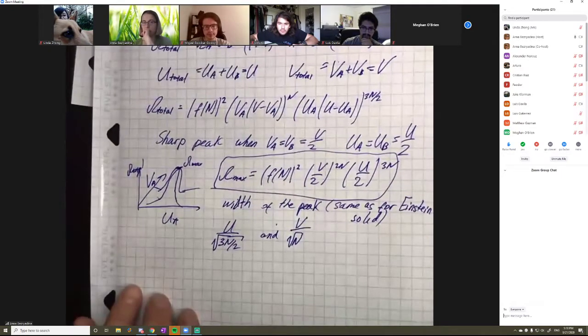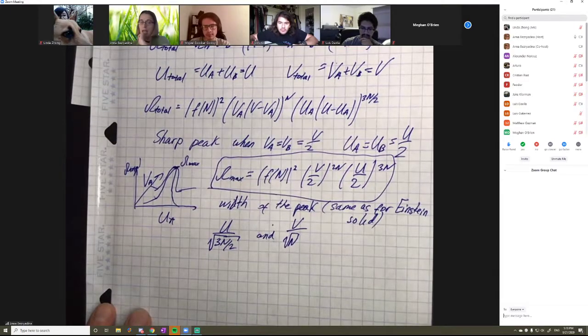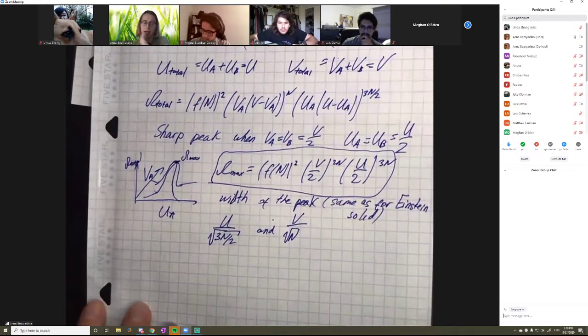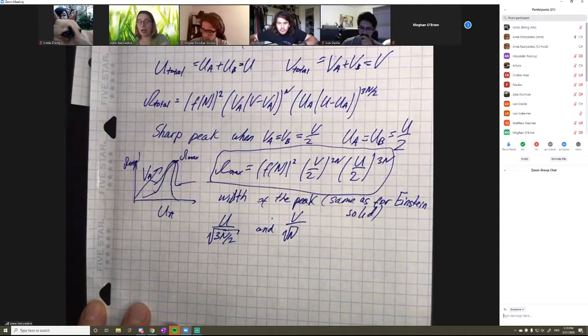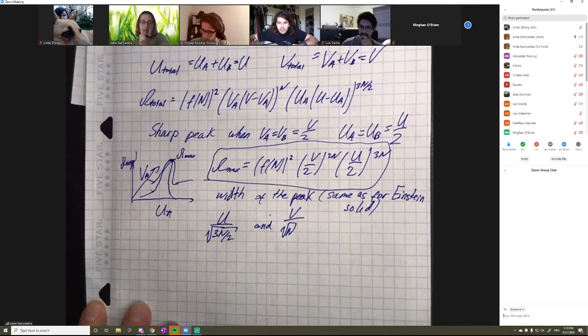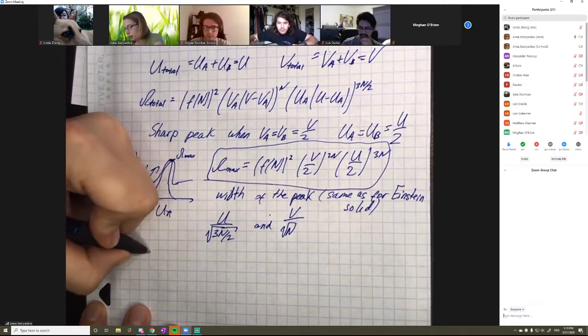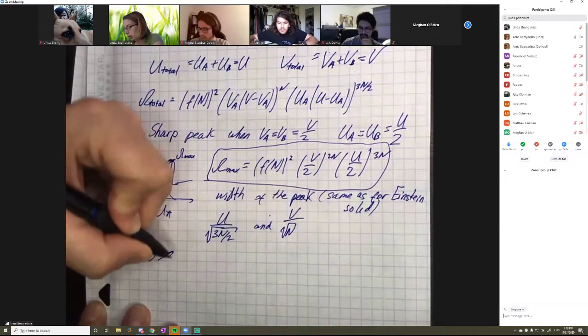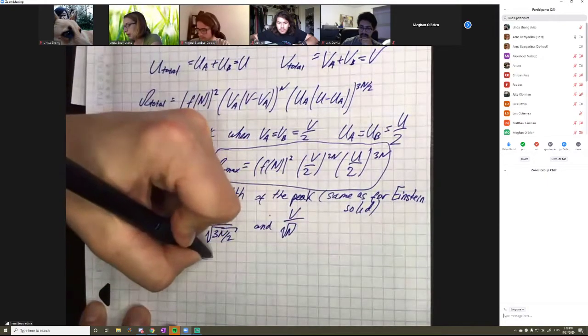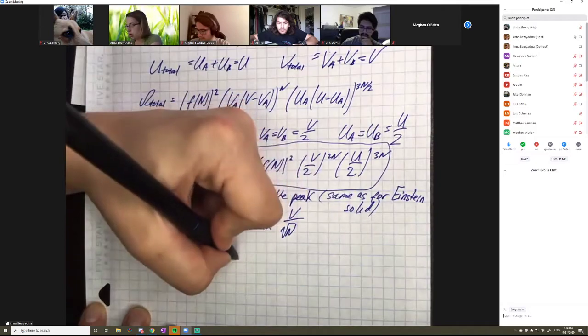And this peak becomes narrow. If n increases, in this case, our peak becomes narrow and sharper.